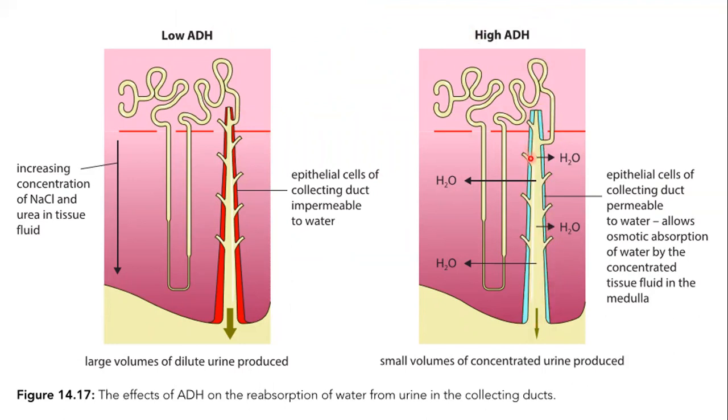So we have a lot of water channels here. Water will move out through those channels into the tissue fluid and the blood plasma in the medulla. Of course, water will move by osmosis because the tissue fluid and the blood plasma in the medulla are more concentrated, as they have a high concentration of solutes.